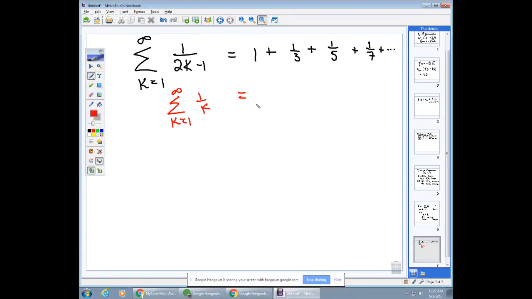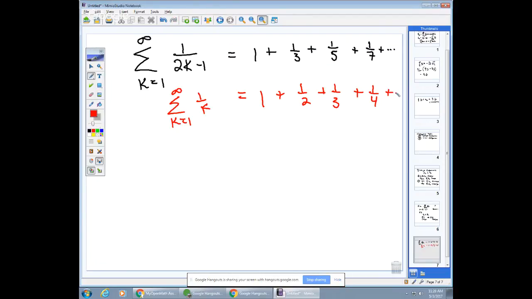And so I line them up. Well, that's 1 and 1/3 and 1/5 and 1/7. No, I'm sorry. That one above distracted me. Okay, 1/2 and 1/3 and 1/4 and so on.